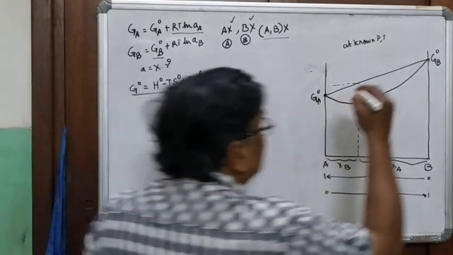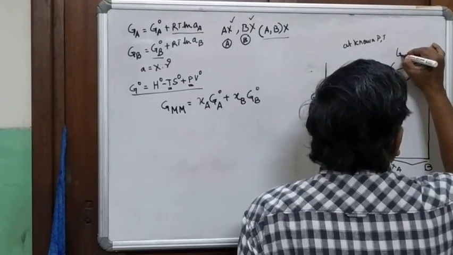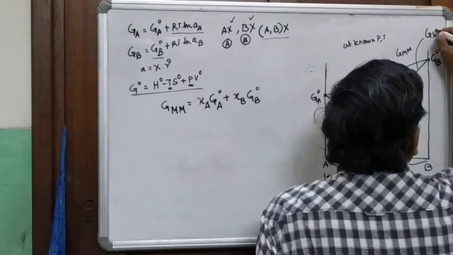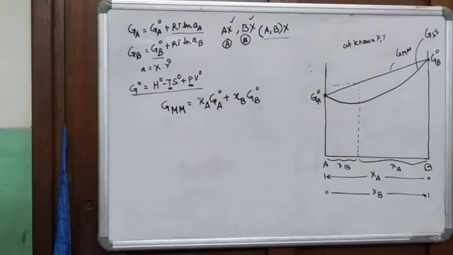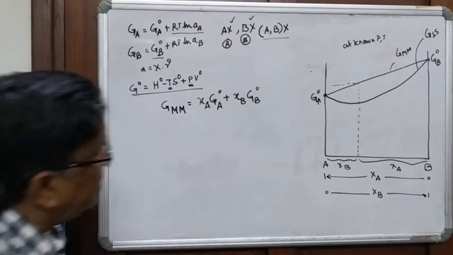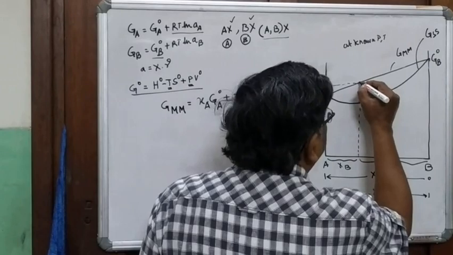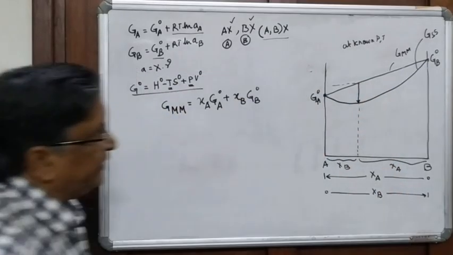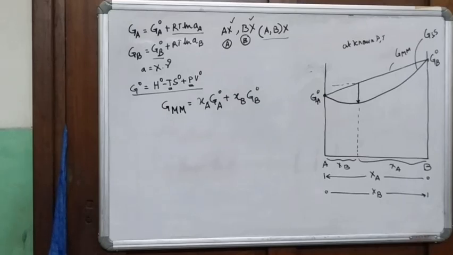So let's say we take this curve as a solid solution. This is for the mechanical mixture, GMM, and this is GSS, the solid solution between A and B. Now you can see here that for any particular composition, there is this drop here. Have you understood?